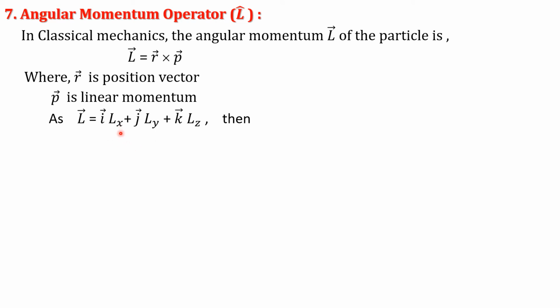Then how do we find these components? We simplify the cross product of the two vectors, which is expressed in terms of a determinant. Since the position vector is i x plus j y plus k z and vector P is i px plus j py plus k pz, we write i, j, k, and then the coefficients of the unit vectors.